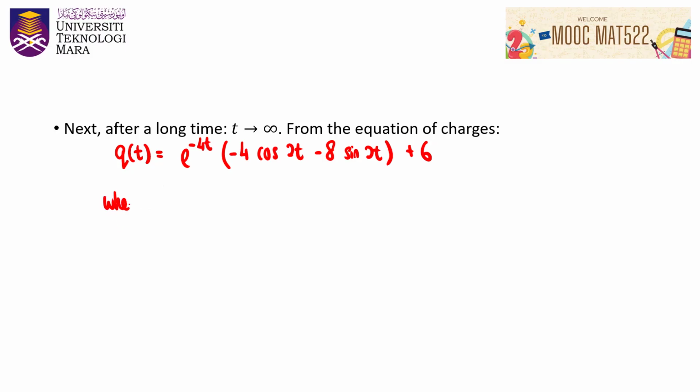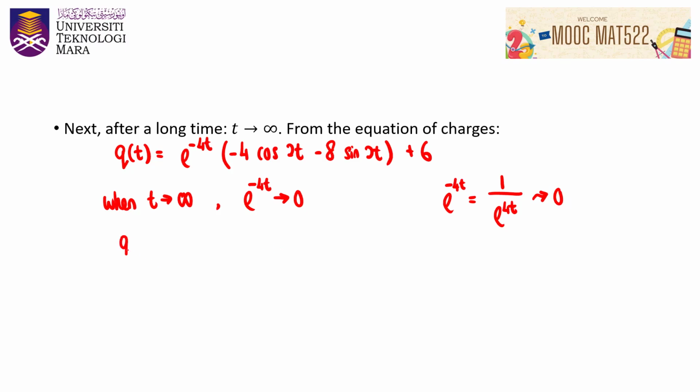We have the condition after a long time, when t goes to infinity. Take note that e^(-4t) tends to 0. This should be logical because e^(-4t) is equivalent to 1 over e^(4t). As t grows bigger and bigger, 1 over a very large number tends to go to 0.